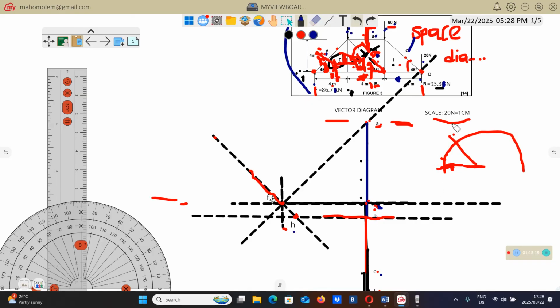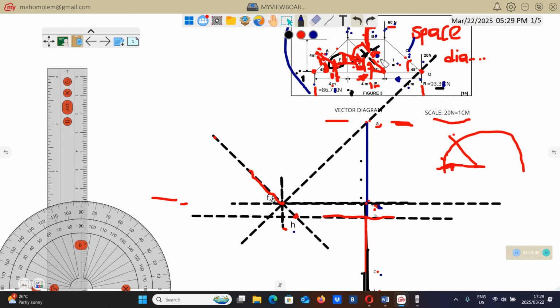So now it will be up to you. You just have to choose any two. But I would like H and E because we don't have to use any protractor here. If you use this side, which is C, as you can see, C and I are separated by a line moving at an angle. You will have to use a protractor.